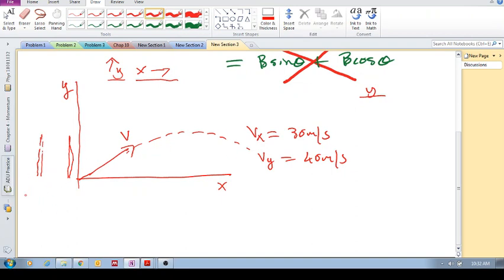So that means we've got all those equations. Vy equals, and y final equals y initial, minus half g t squared. You must go check out all those equations of motion. And then what's happening in the x direction? A very important thing is that the acceleration in x is 0.